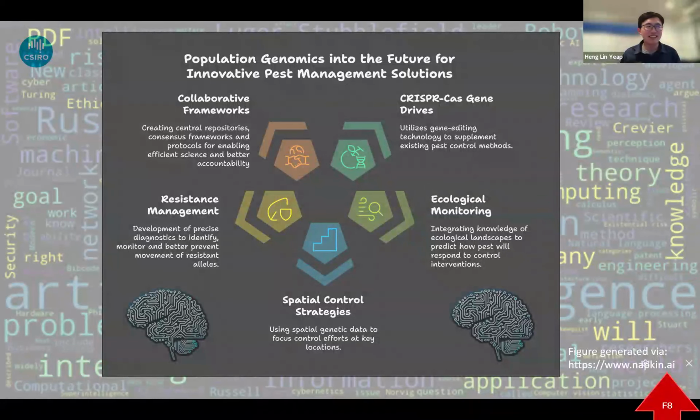So for example, in fall armyworm or brown planthopper and other pests, from time to time, it'd be great to come together and collate all the genetic data from across the Asia Pacific and beyond, incorporating previous studies, and do a comprehensive review using the most up-to-date sequencing technology, so that we can see whether we can resolve some of the debates that have been ongoing and hopefully move towards solving the problem at hand.